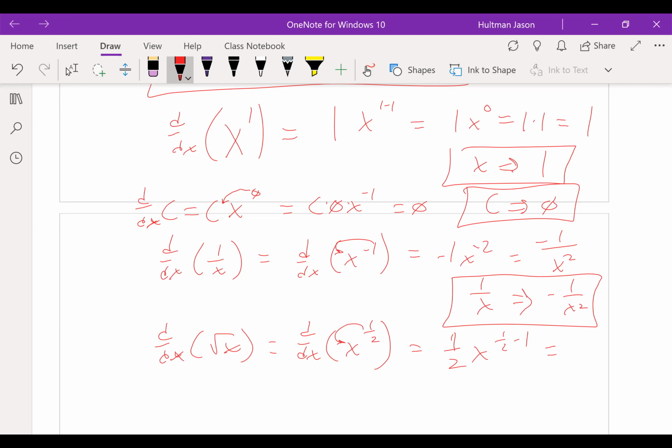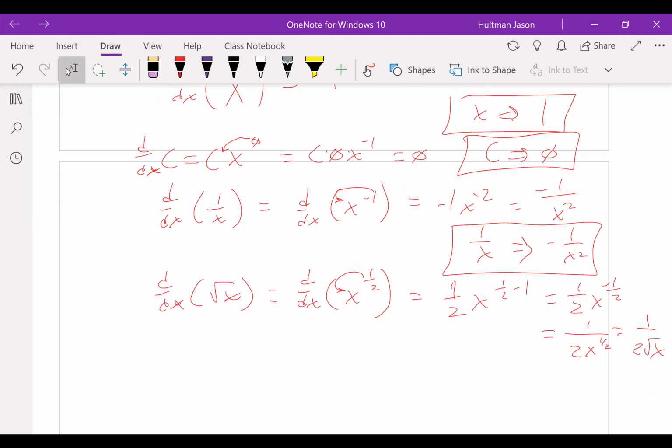So this becomes 1/2 x to the negative 1/2 power, which is the same as 1 over 2 x to the positive 1/2 power. But what is x to the 1/2 power? Isn't that radical x? Yeah. So the derivative of radical x becomes 1 over 2 radical x, just by the power rule. So the power rule always works there.